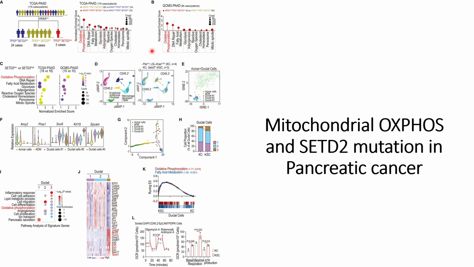After finding that oxidative phosphorylation has a relationship with SETD2 mutations, they did one more analysis of the patients with SETD2 low and SETD2 high. In this case also they found similar results: oxidative phosphorylation is high or enriched in the SETD2 low conditions, both for TCGA PAD and QCMG PAD.